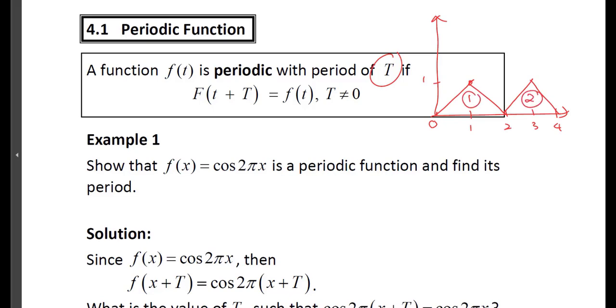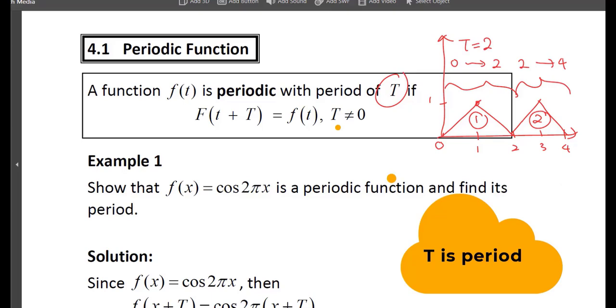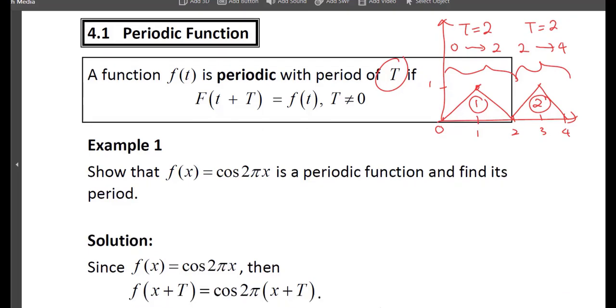The first and second functions are the same, from 0 until 2, and then from 2 until 4. So the pattern is the same, and we can say that the period is 2. This is what we call a periodic function. For this function, the period capital T cannot be 0.